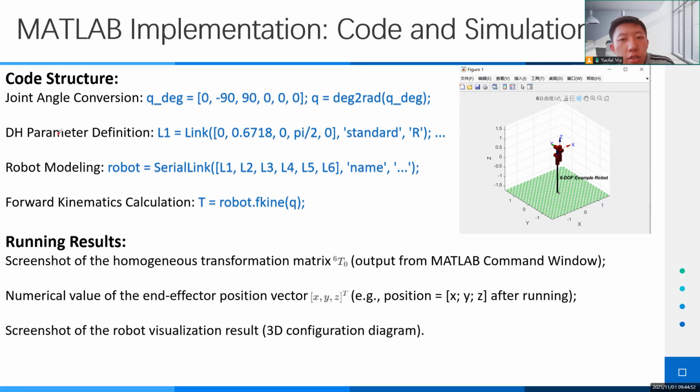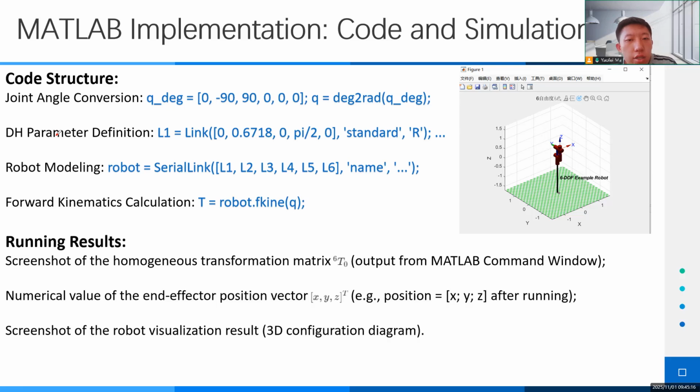We use SerialLink to combine L1 to L6 into the complete robot model and give it a name. 4. Forward kinematics. With the robot, we compute the 6T0 matrix.